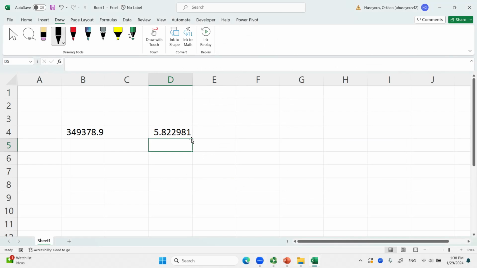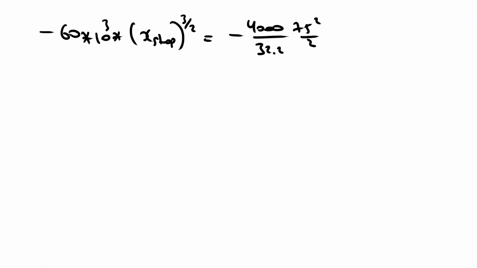That will be 5.8, so x stop to the power of 3/2 is 5.8.